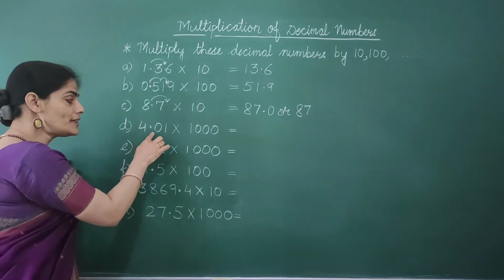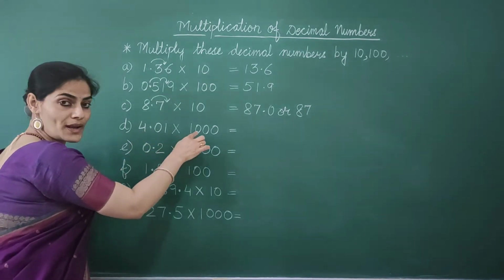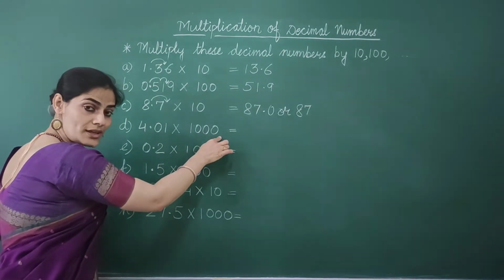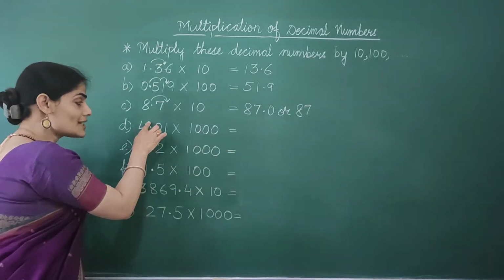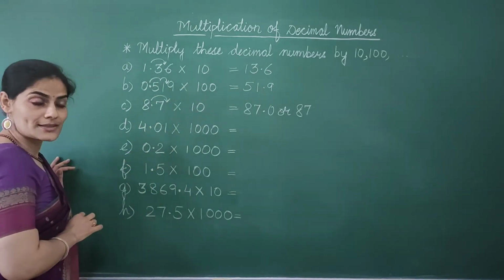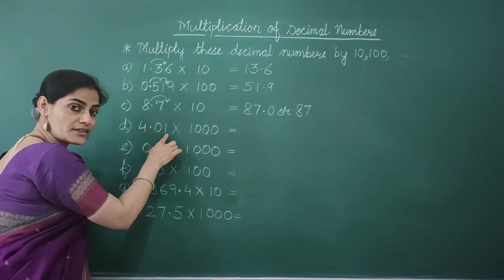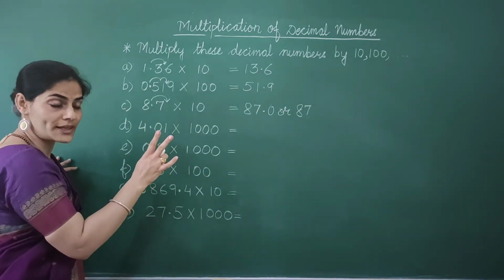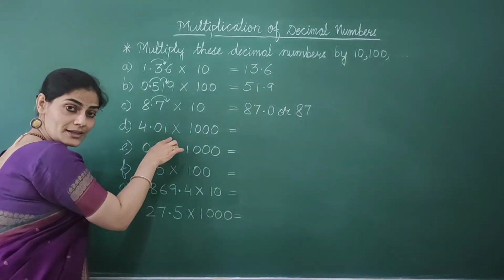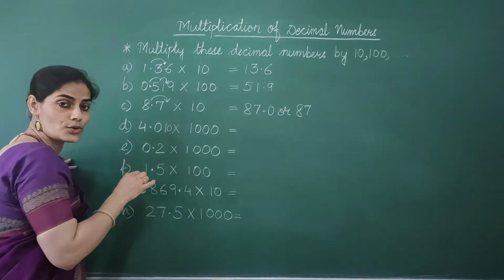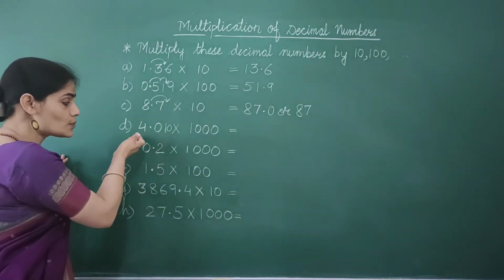Now observe the next one. This is 4.01 multiplied by 1000, and 1000 has got 3 zeros. So this decimal point should shift towards the right side by 3 places. But what do we observe? Our decimal part has got 2 decimal places only. So to make it 3, what am I going to do? I am going to put 1 zero, and that's not going to affect this value.